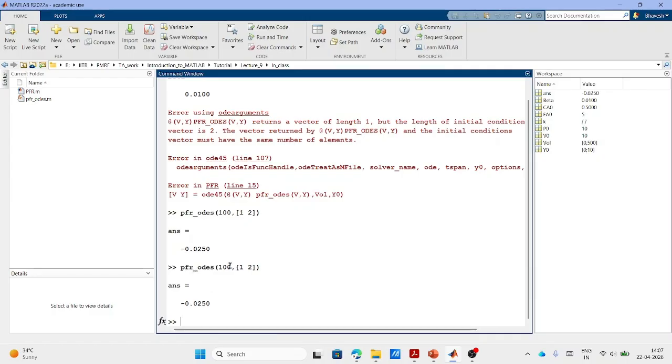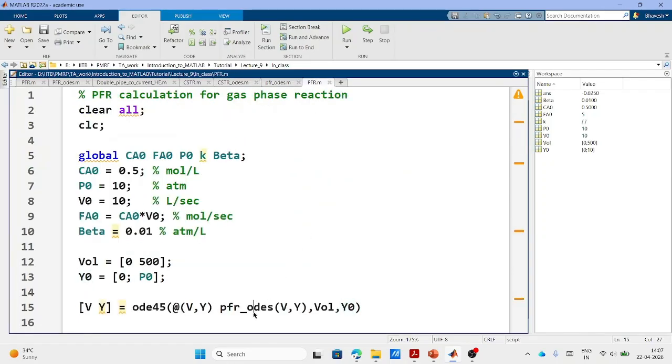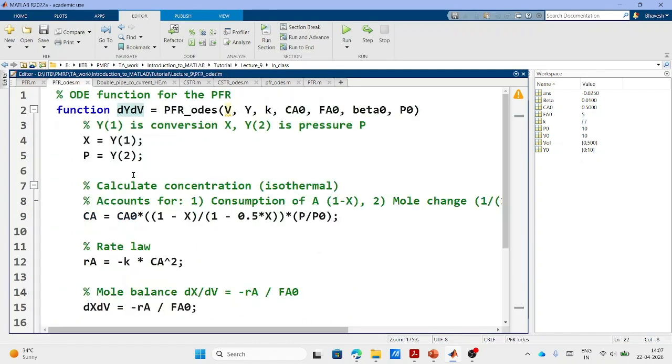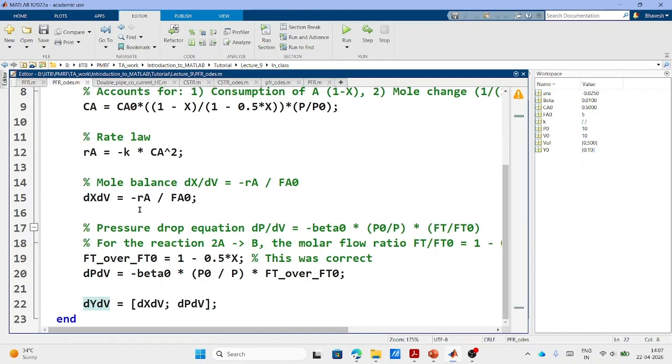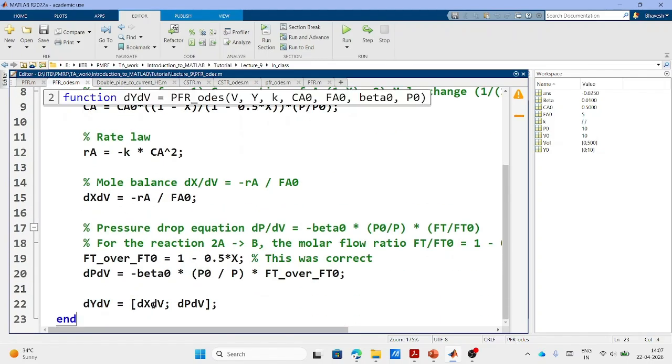Okay, so here is the mistake: PFROD is returning just one value, but rather it should return two values, dy by dx and dp by dv. Okay, and why is it not defining that function dx by dv?